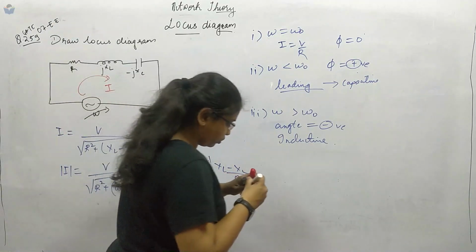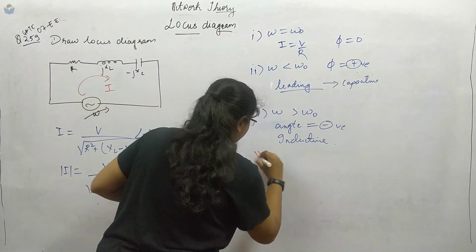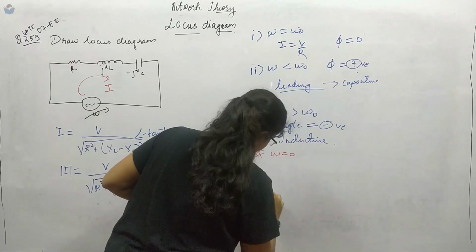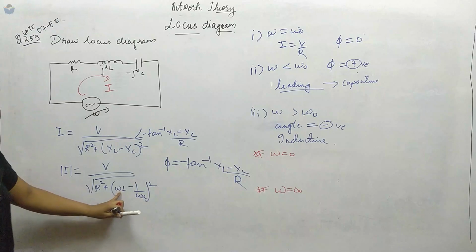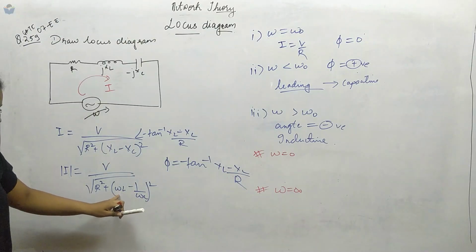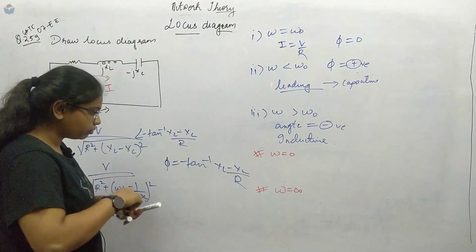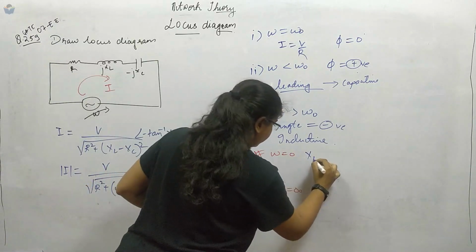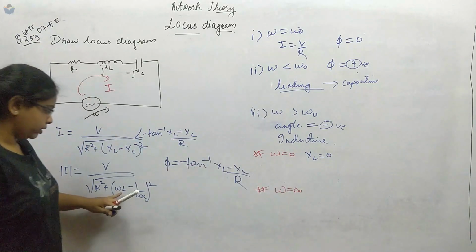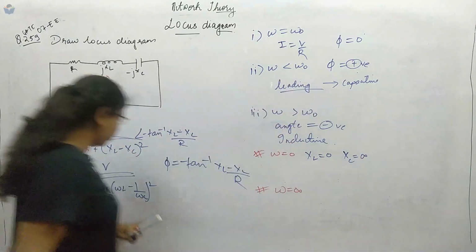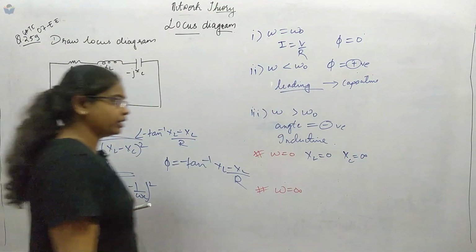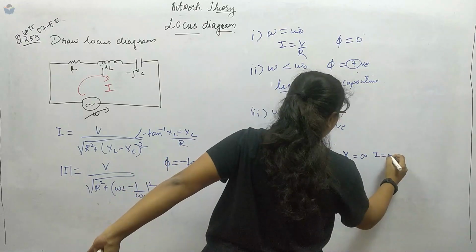Now coming to varying the supply frequency. We will start from 0 and move till infinite. Put omega equal to 0. XL will be 0 and XC will be infinite. What will happen to the current? The current will be 0 because it is V upon infinite.